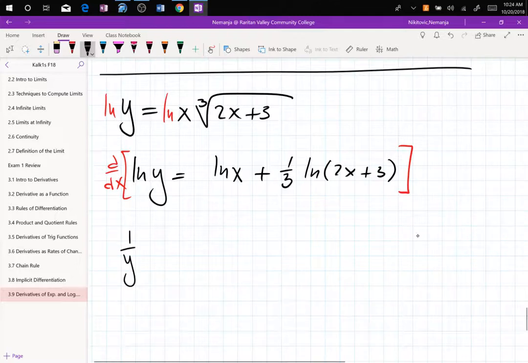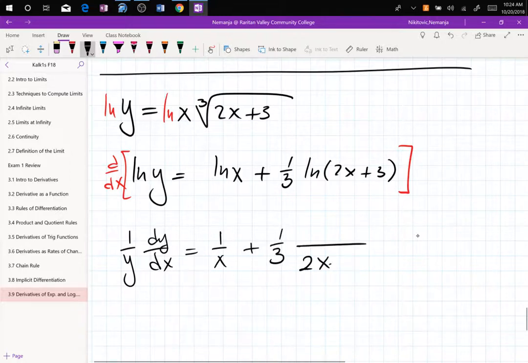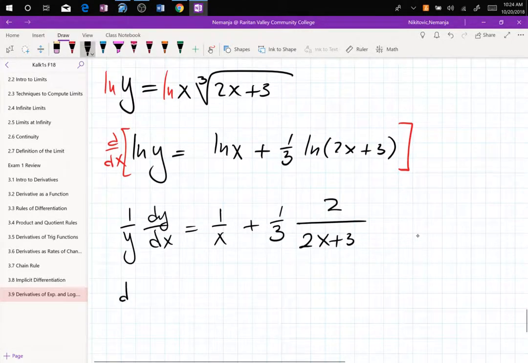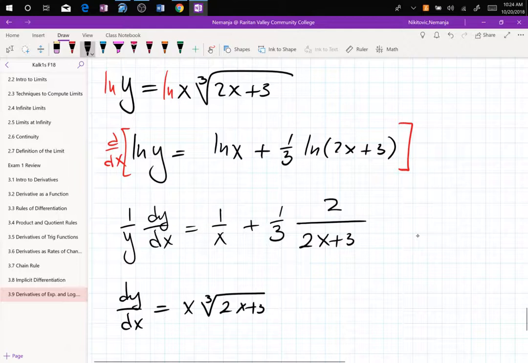We get our 1 over y dy dx is equal to 1 over x plus 1/3, copy the function as is, its derivative on top. Dy dx is, and now you get to copy the function as is, that's the y, times 1 over x plus 2 over 6x plus 9.